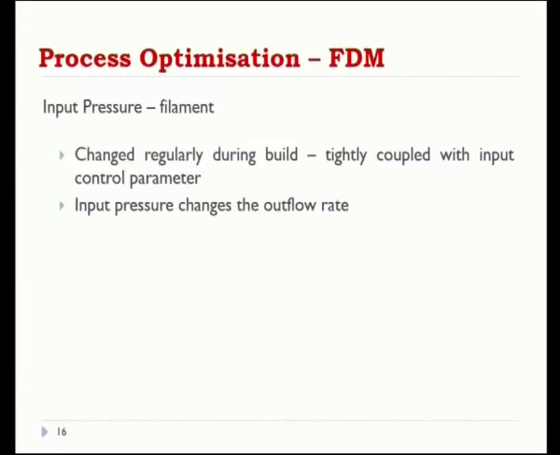So what we should do, as we said, even if there is a minor change, or there may be a twist or buckle or knots or whatever it may be, that is going to change your entire product. Did you get it? So input pressure, directly or indirectly, is going to affect your outflow rate, because this is the desired way. Once it is sent in, it is going to give your extruder output.